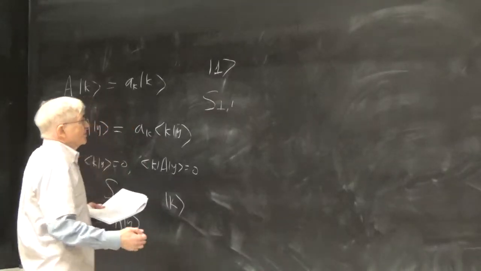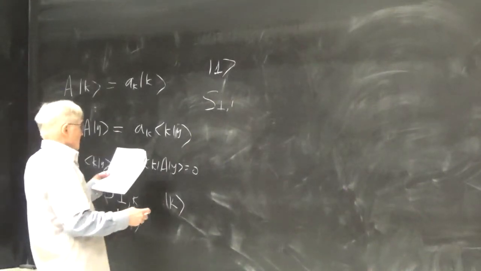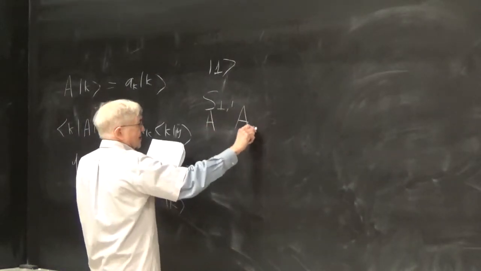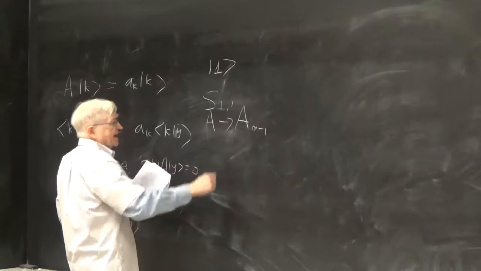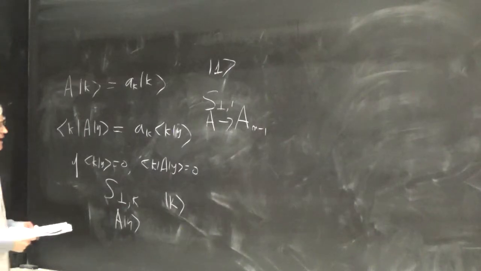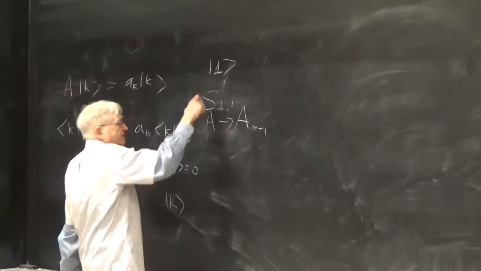This is an n-1 dimensional subspace. Or to put it differently, the matrix A is represented by A sub n-1, which is an n-1 by n-1 dimensional matrix. It'll have one eigenvector, and that eigenvector will be orthogonal to this one.